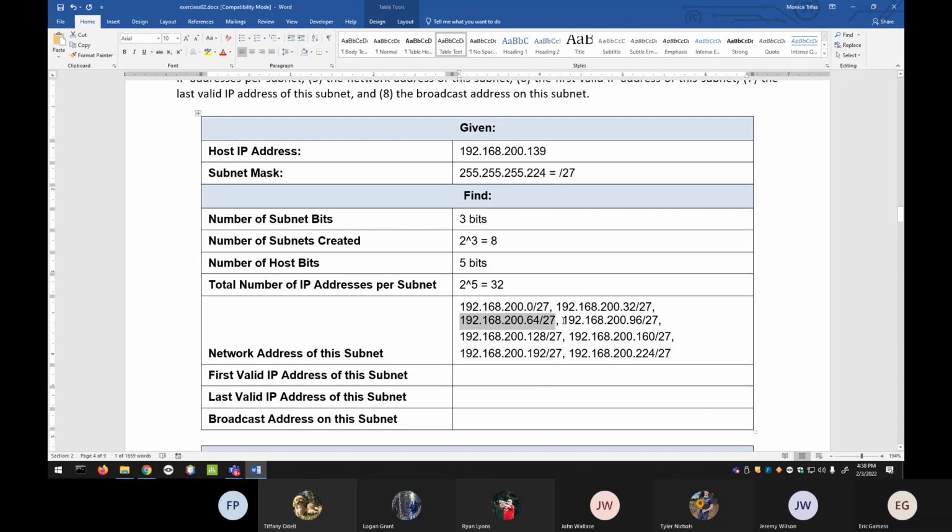The next goes from .96 to .127, then .128 to .159, then .160 to .191, then .192 to .223. And this last subnet goes from .224 to .255. So this IP address is in which of all these subnets?